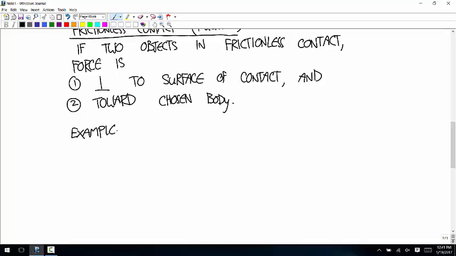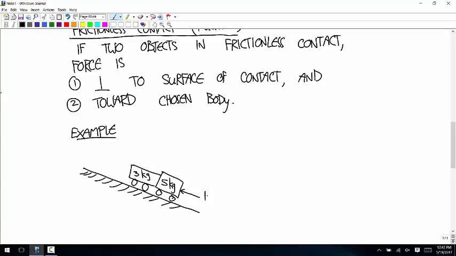So for example, if you have two carts on an incline, say this one's 3 kilograms, this one's 5 kilograms, and let's say there's another external force of 100 newtons applied to the 5 kilogram box.